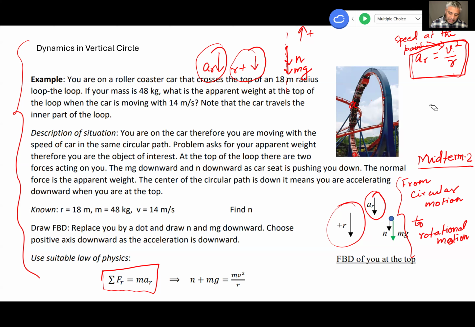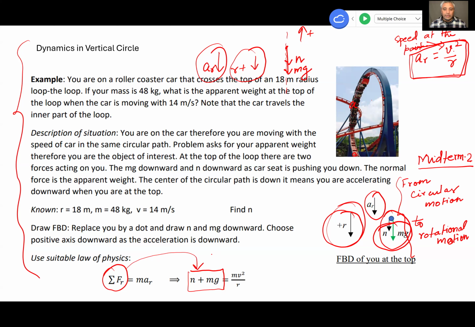So once we have that, we now need to write the sum of the forces in the radial direction. And there are two forces pointing in the radial direction. And since we chose down as positive and both of these forces are pointing down, we have both of these positive here. So this is the left-hand side of this equation. And the right-hand side is mass times acceleration. And that's what I'm writing.